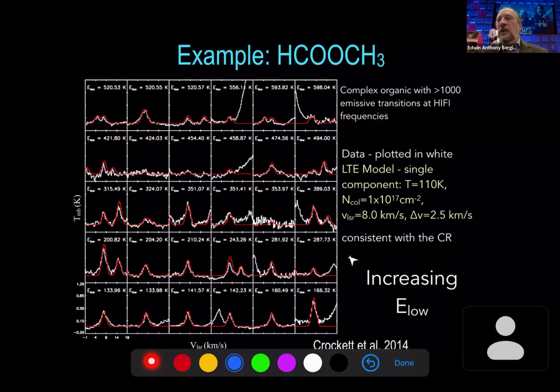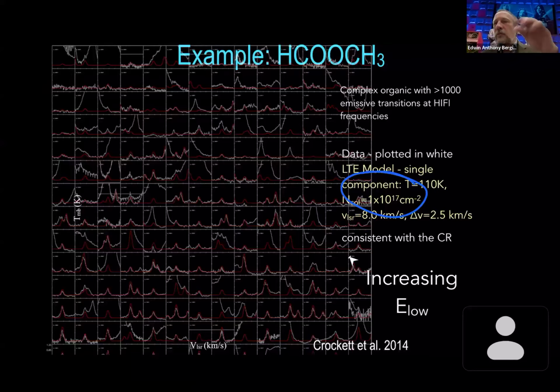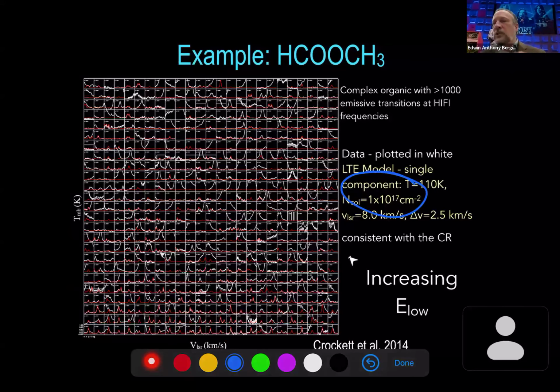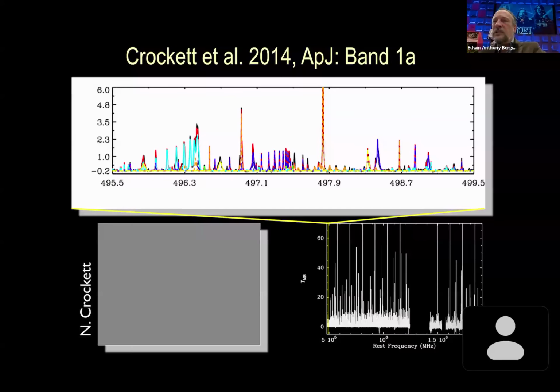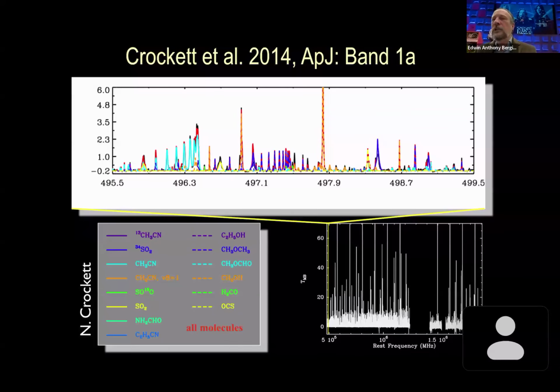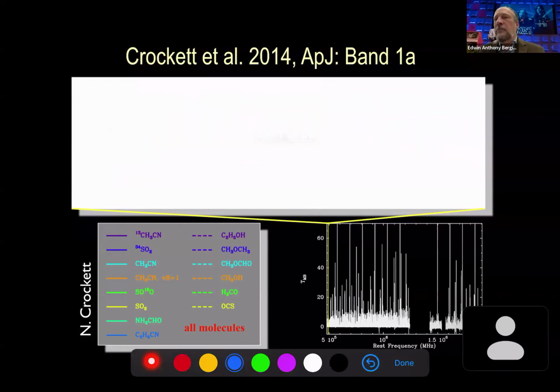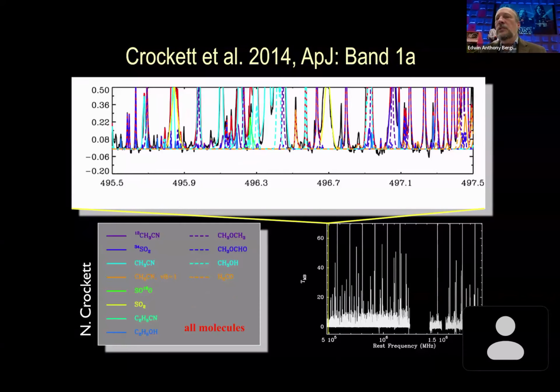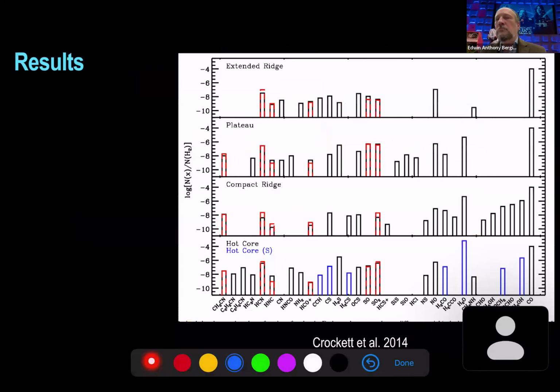So just to give an example, these are the emissions of methyl formate. And from our LTE model, we were able to determine the amount of methyl formate that was present from all these bajillion transitions. And we fitted that entire spectrum and basically did chemistry. And that's what we have.